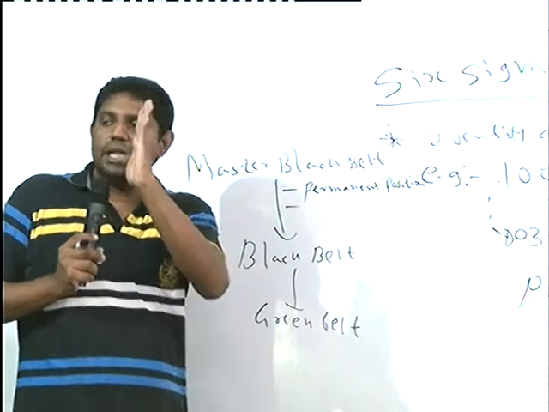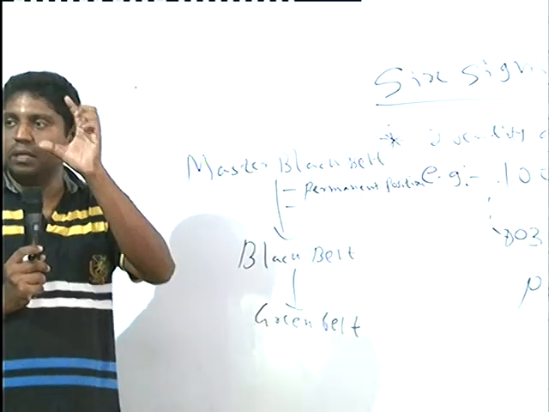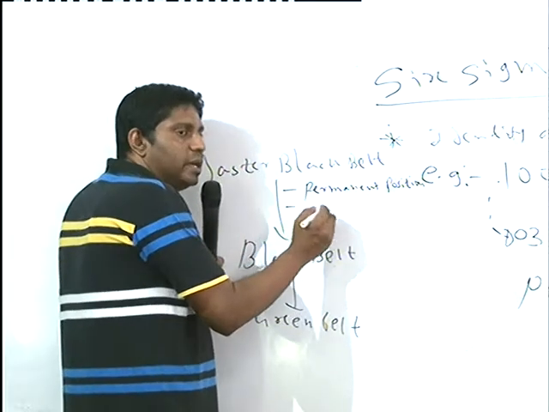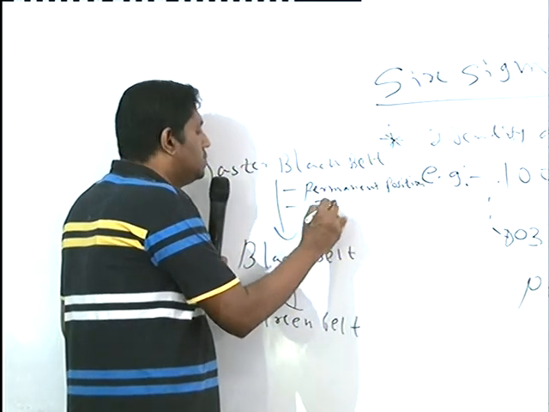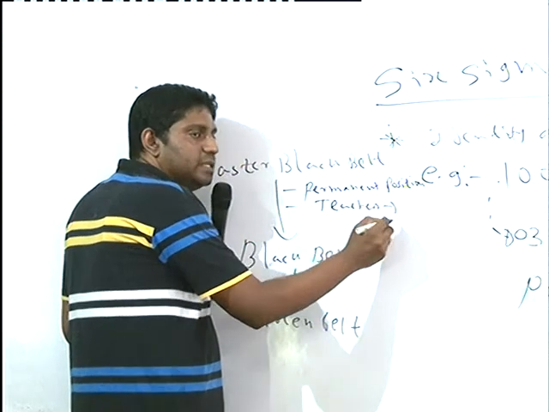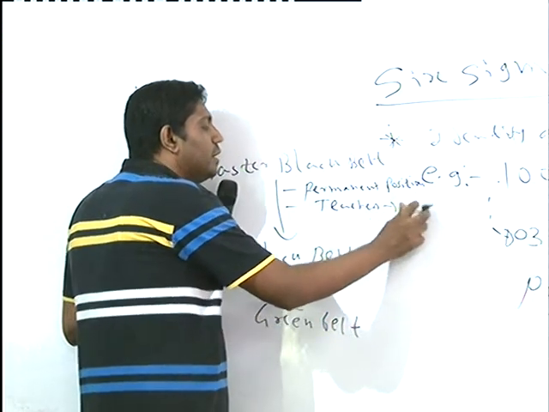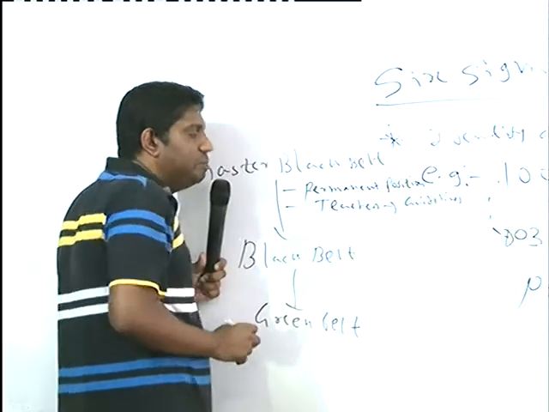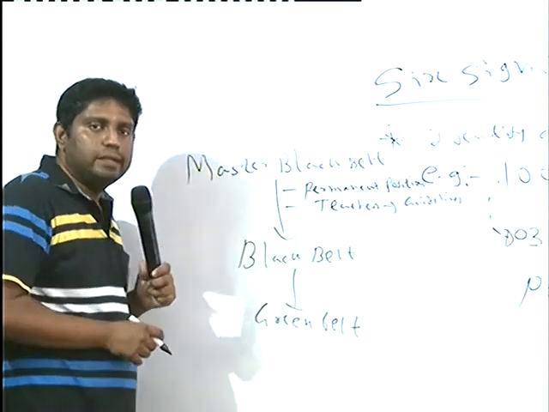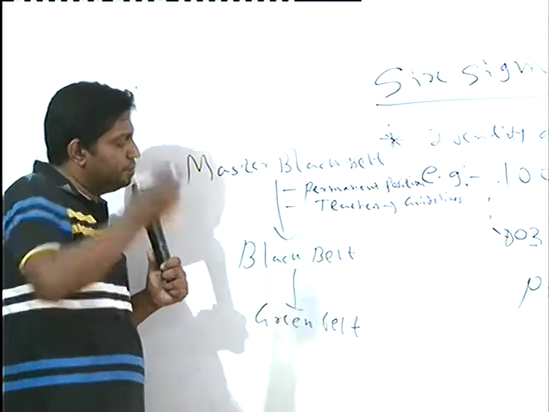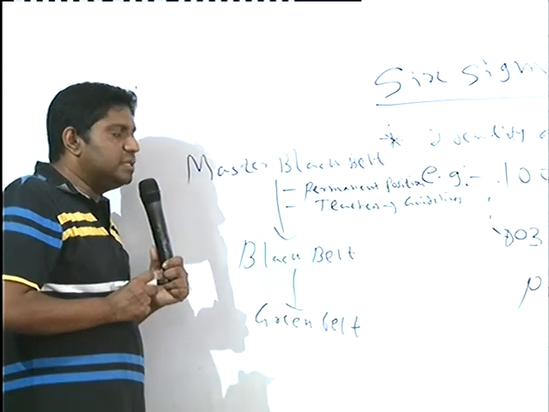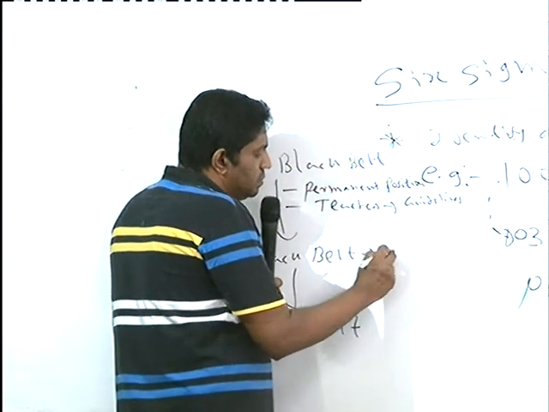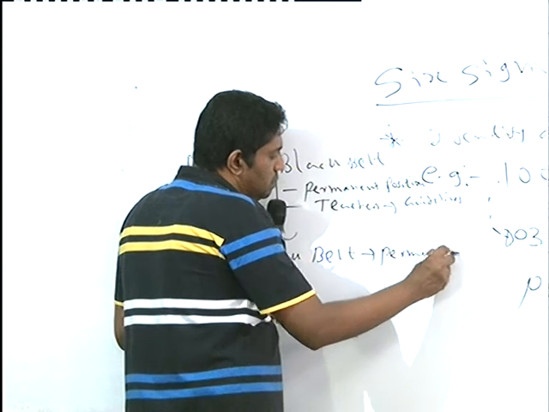They have specialized knowledge in Six Sigma exercises. Their main job is to act as teachers and give the required guidelines to organizational members. The black belt is someone, again, black belt is also a permanent position.